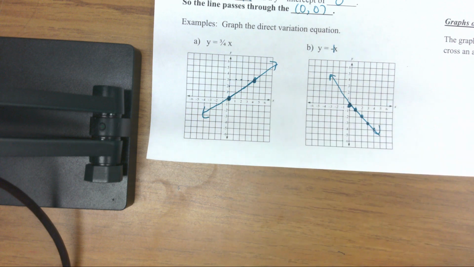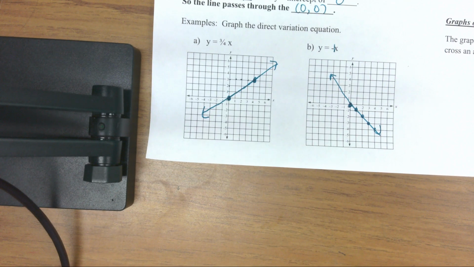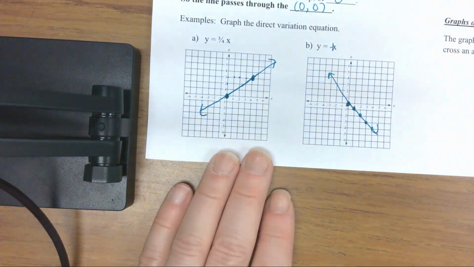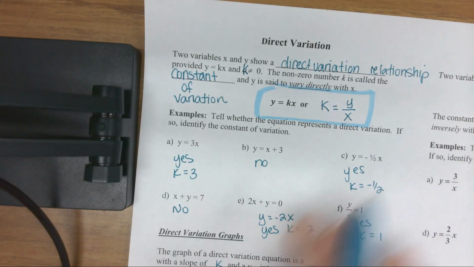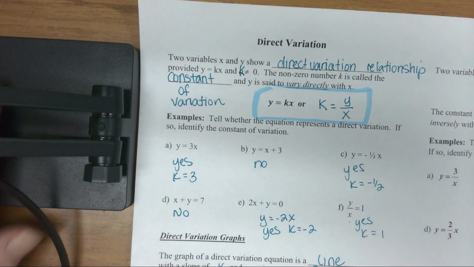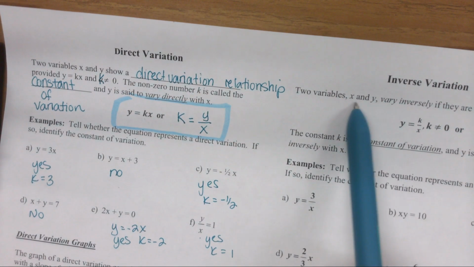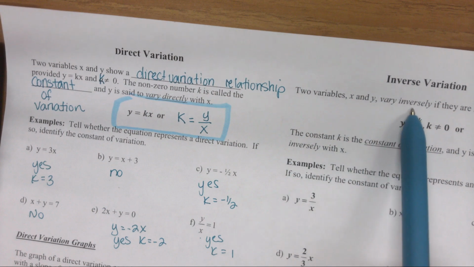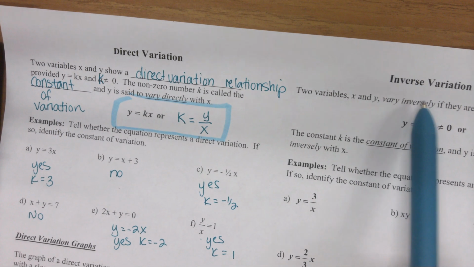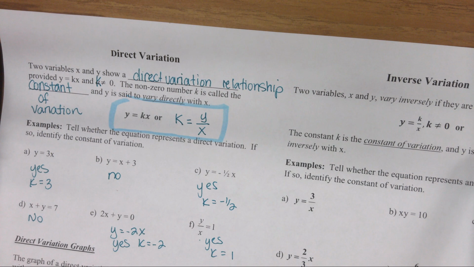All right, probably this chapter, the most time we're going to spend on is direct and inverse variation, but I find it hard as a teacher to talk about the one if I don't talk about the other. You guys have studied lines before in the past, okay? You have not studied graphs of things like this before. All right, so two variables, x and y, vary inversely, inverse variation, if they are related as follows.